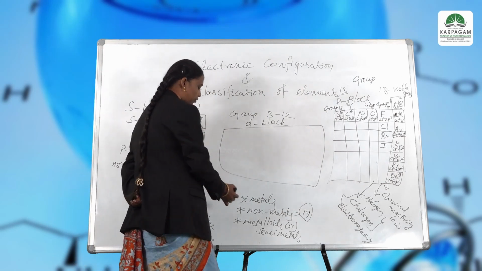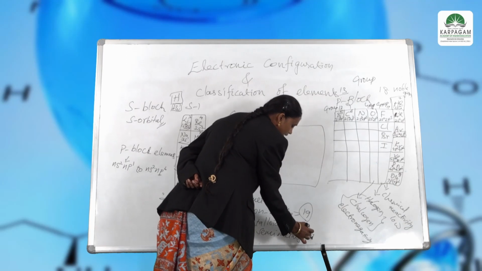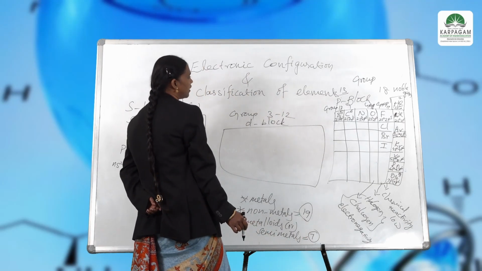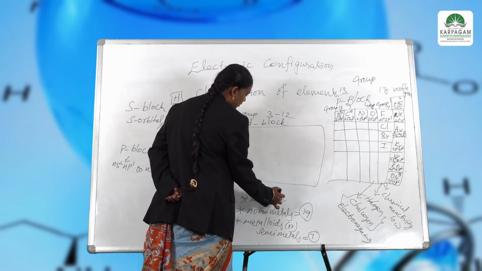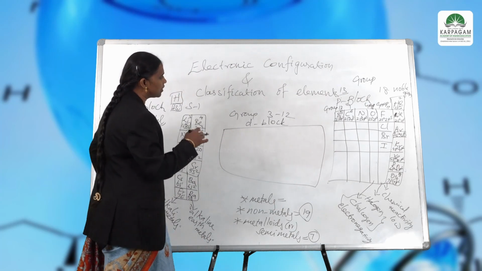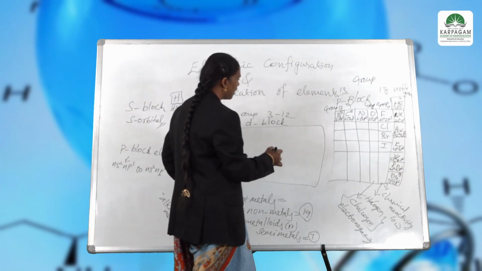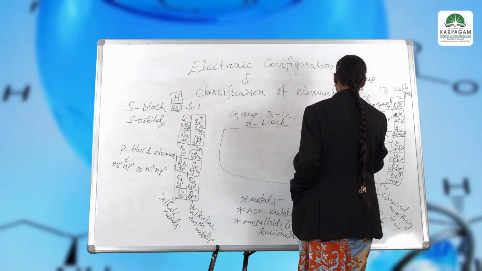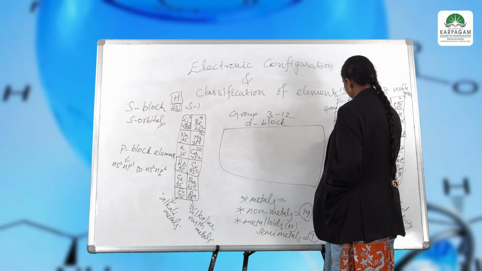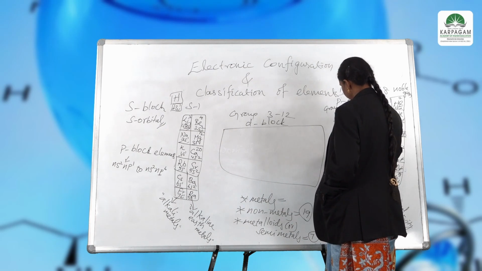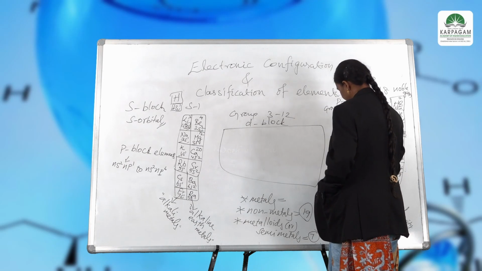For metalloids or semi-metals, there are 7 elements. Except for those, all are metals. Examples of p block metals are boron, aluminium, gallium, indium, thallium, niobium.